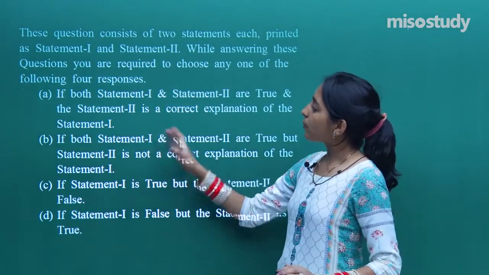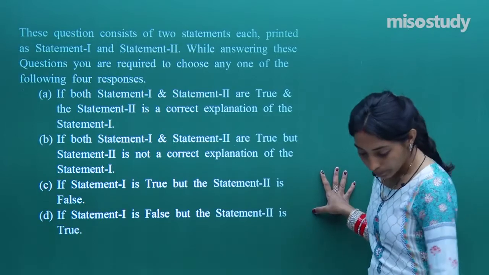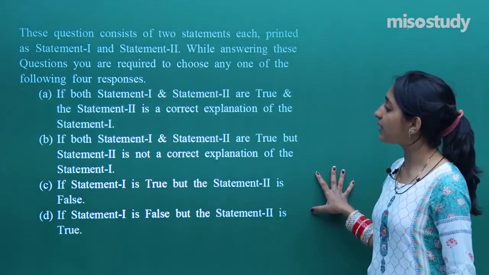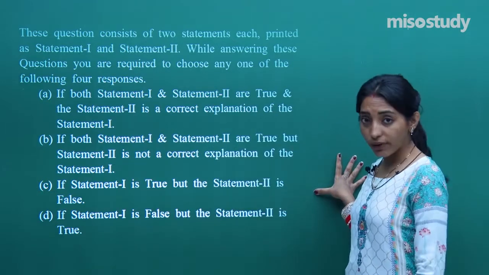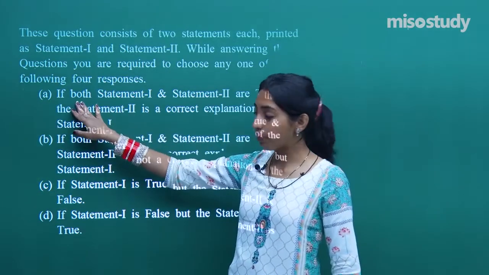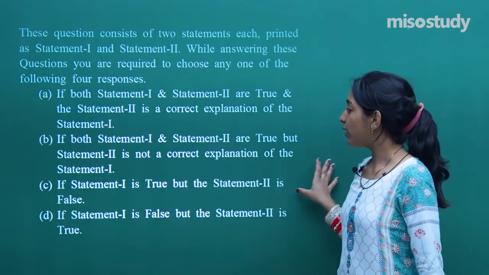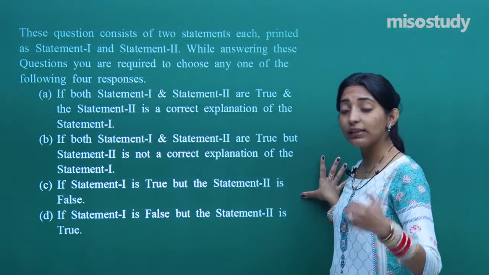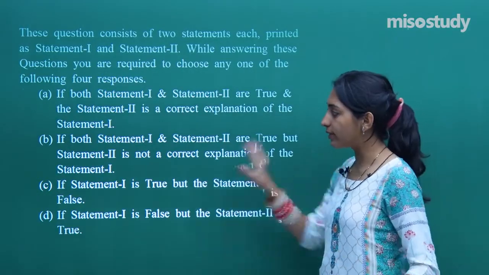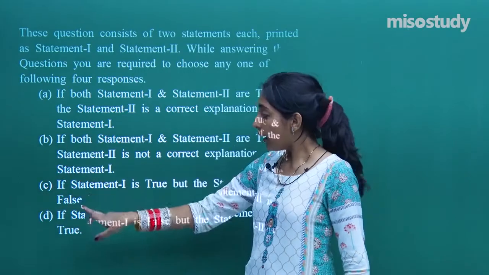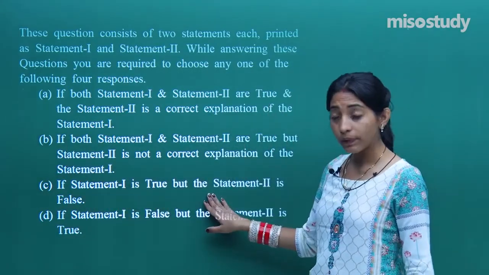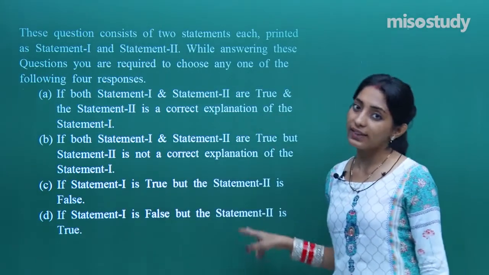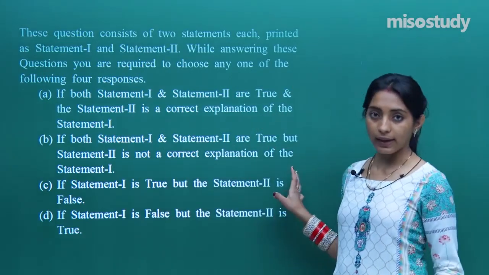If both statement 1 and statement 2 are true, and second statement is the correct explanation of first statement, then say option is A. If both the statements 1 and 2 are true, but second is not the correct explanation of first, say answer is B. If first is true and second is false, say C. If first is false and second is true, say D as the answer.